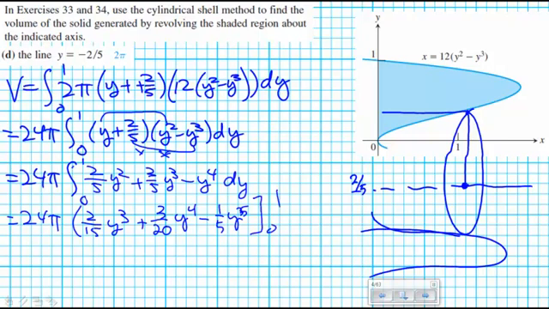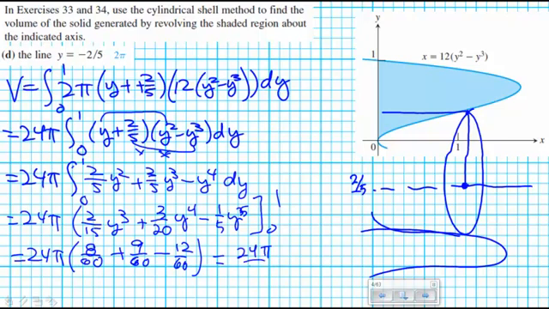Common denominator here again is going to be 60. 24 pi times 8/60 plus 9/60 minus 12/60. Okay, 17/60 minus 12/60 is 5/60, which is 1/12.